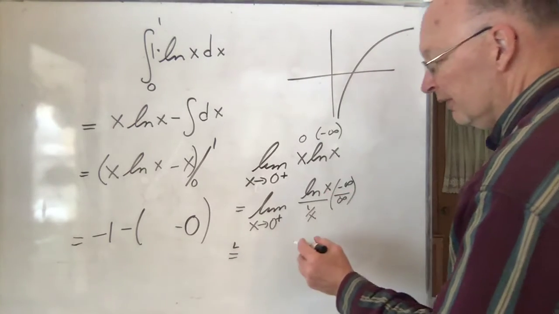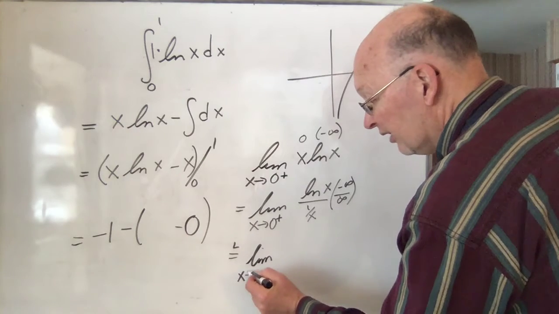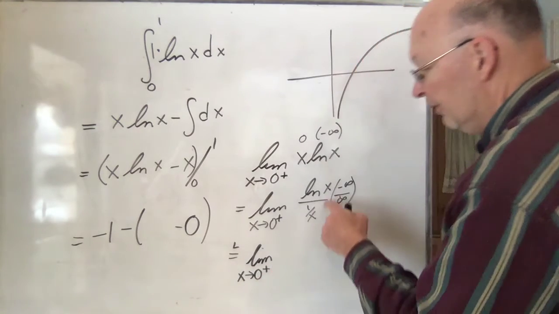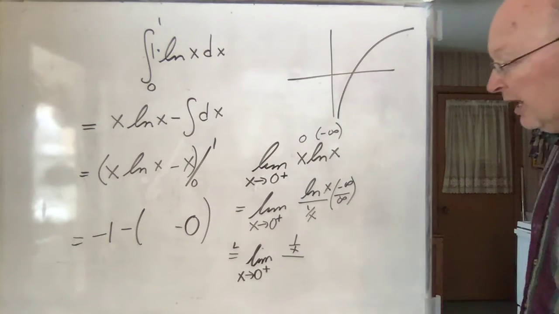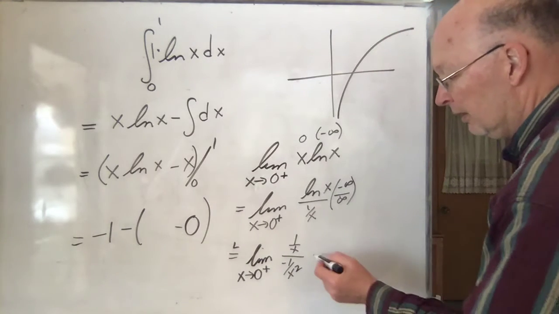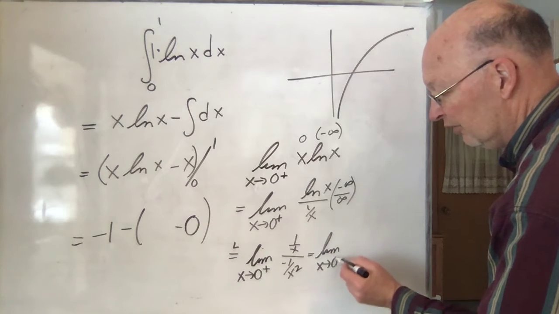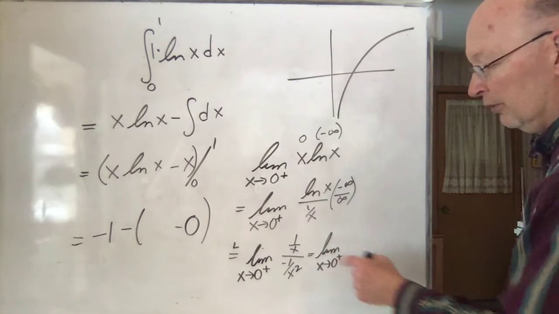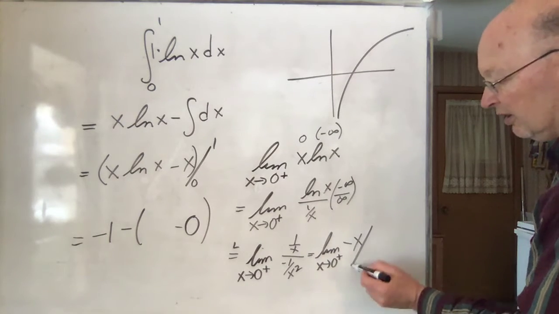Put a little L there for L'Hopital's rule. You take the derivative of the top. First of all, here it's the limit as x goes to 0 from the right. The derivative of the top is 1 over x. The derivative of the bottom is negative 1 over x squared. As x goes to 0 from the right, bring this up. You're going to get x squared over x, which is just x. It's going to be just minus x.